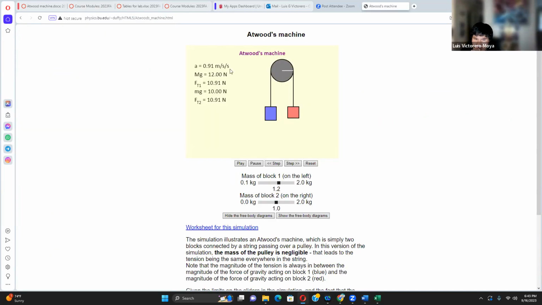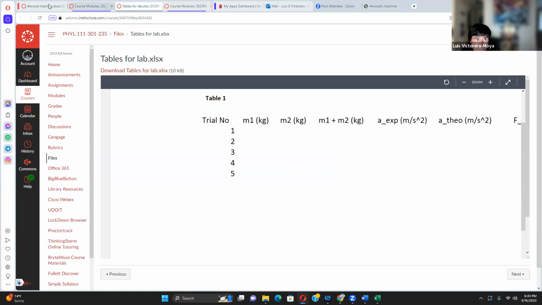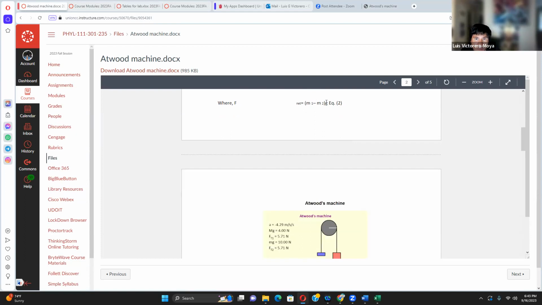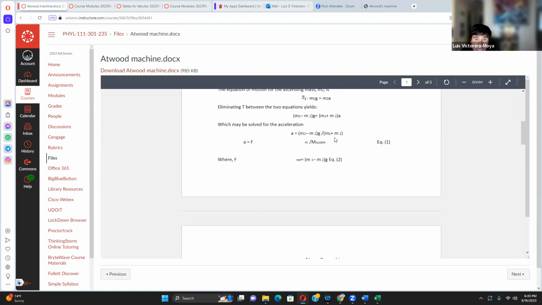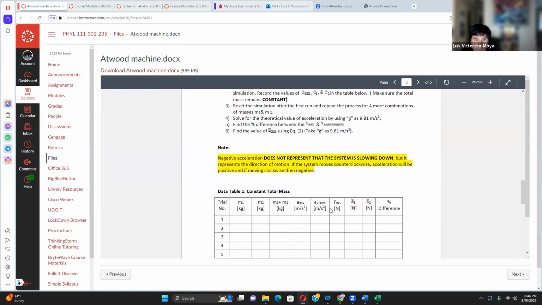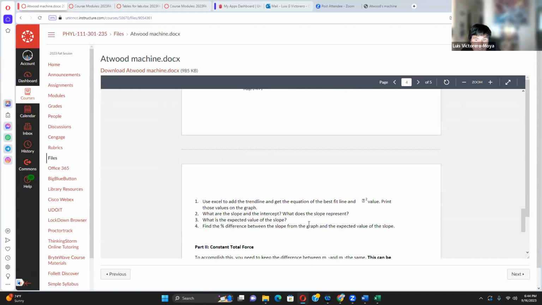The theoretical acceleration comes from that equation, which is in the manual: M1 minus M2 times gravity divided by the sum of the masses. You are keeping the sum of the masses total because the force is equal to M1 minus M2 times gravity. So clearly, if you plot force versus, so this is table 1, if you plot force net versus acceleration, you should know what the slope will be. That's one of the questions here.